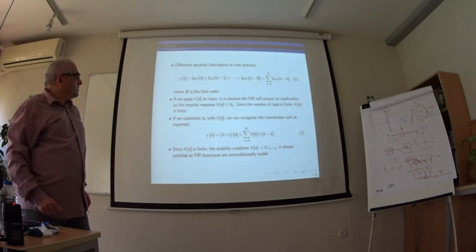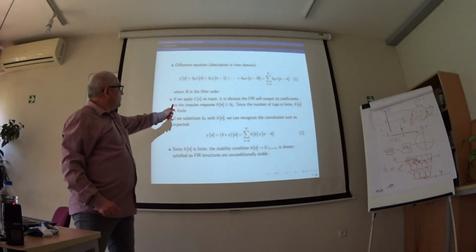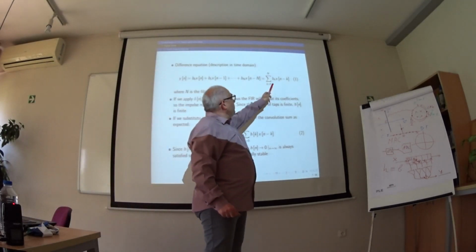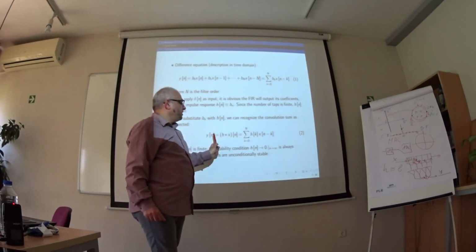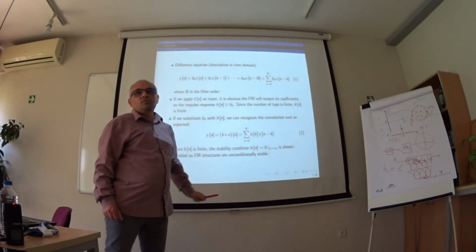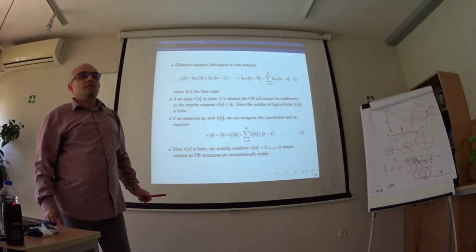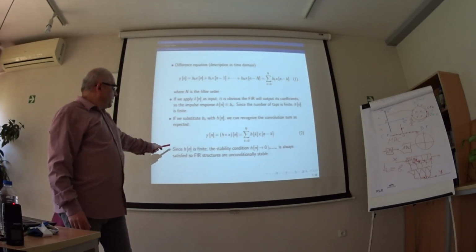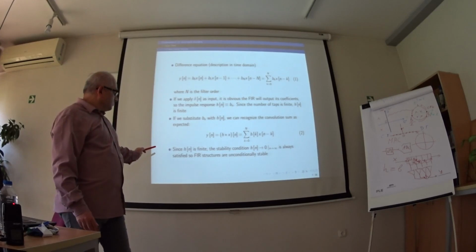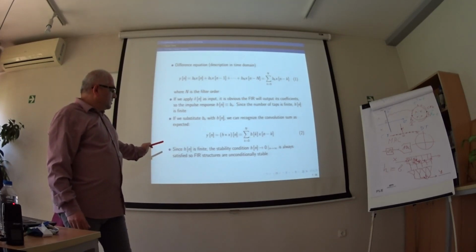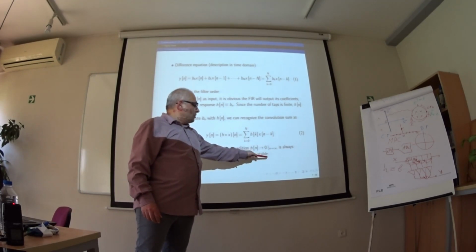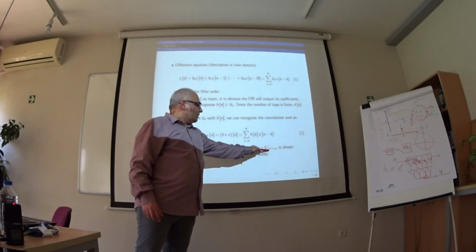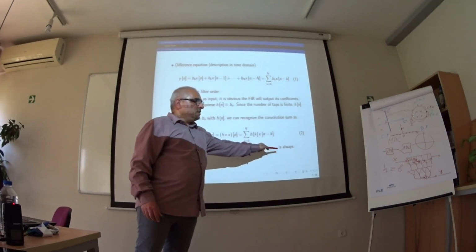Here, if we substitute in the above equation B with the impulse response, we get something very familiar. This is our convolution in digital form. And we want a stable system. Stability means that our impulse response should be 0 at n when n tends to infinity.